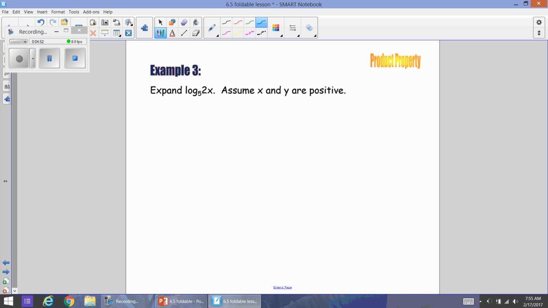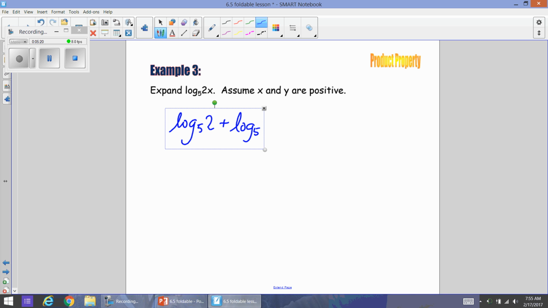What we have basically is the word expand. And it's the same thing here. We're going to use the product property because right now it's log base 5 of 2x. The 2 and the x are multiplying. And so we need to break them up. The act of breaking them up is addition.